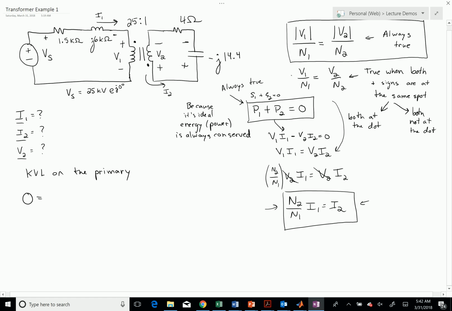On the primary, I start in the bottom corner and go clockwise. So 0 equals minus Vs plus I1 times 1.5k ohms plus j times 6k ohms plus V1. Okay, so I can bring the Vs over.